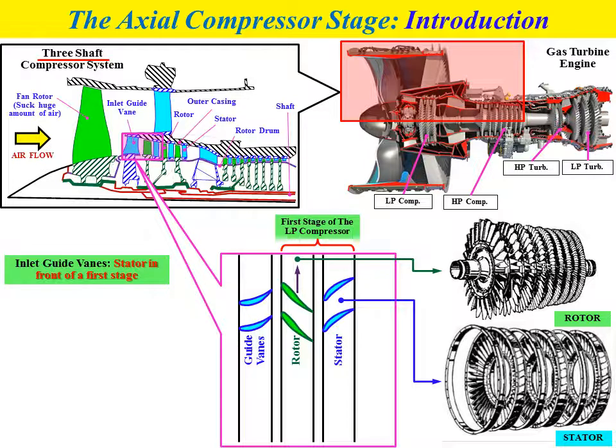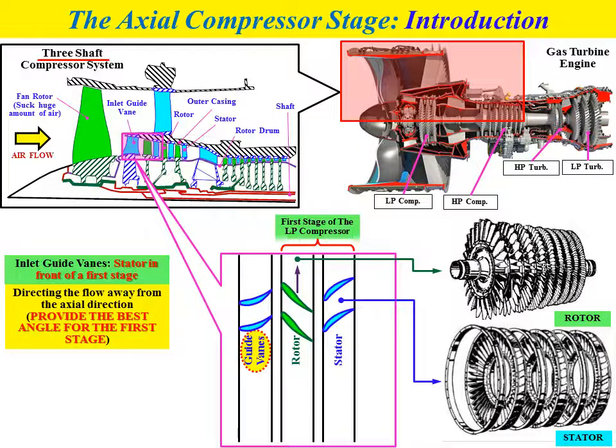For the inlet guide vane as shown in the figures, the inlet guide vane actually is a stator, but we refer to it as the inlet guide vane because this stator is located in front of the first stage of the low pressure compressor.